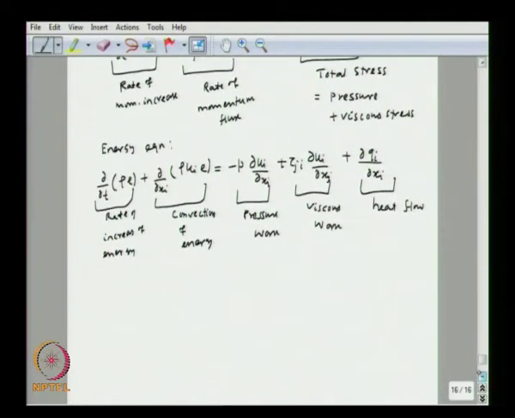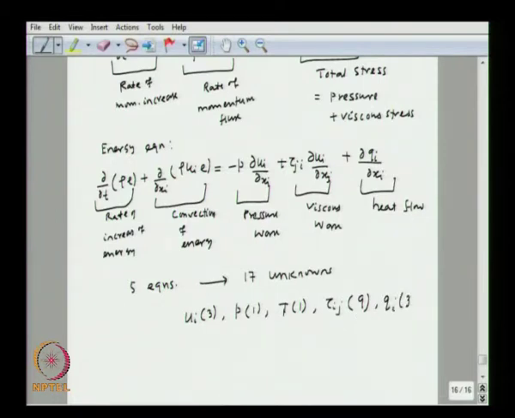So if you look at here, we have 5 equations and we have 17 unknowns. Those unknowns are: ui, 3 components, pressure, temperature, and the stress tensor, which has 9 components, and then the qi, 3 components.